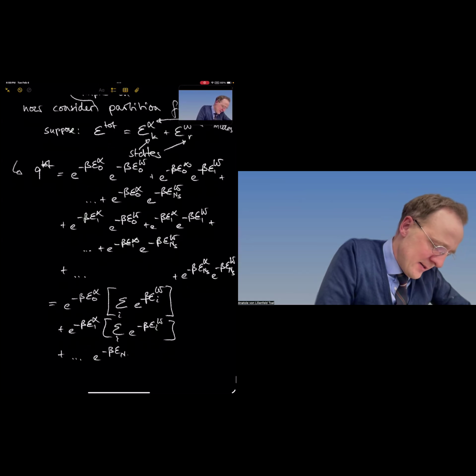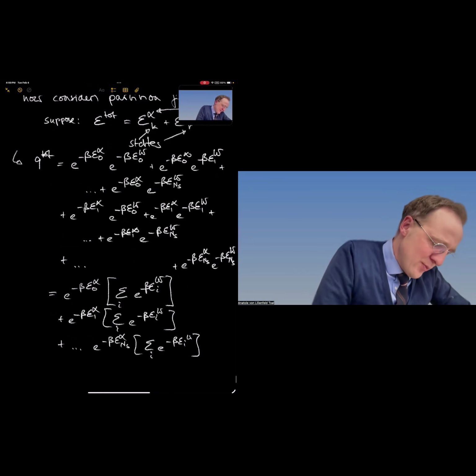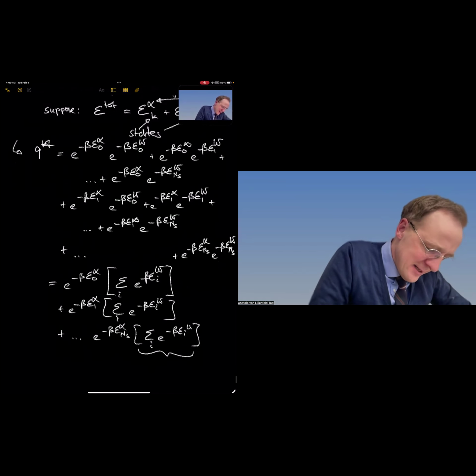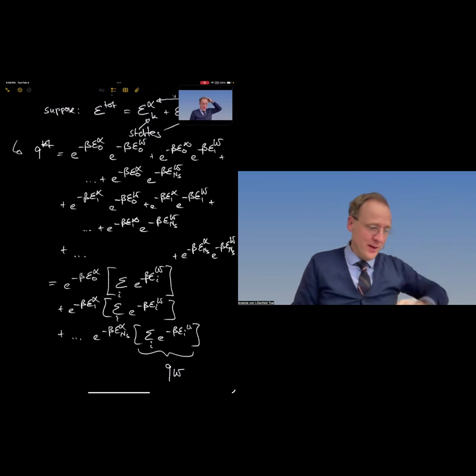So Ns alpha times my bracket. Now this bracket, of course, is nothing else than a partition function for my omega mode, right?